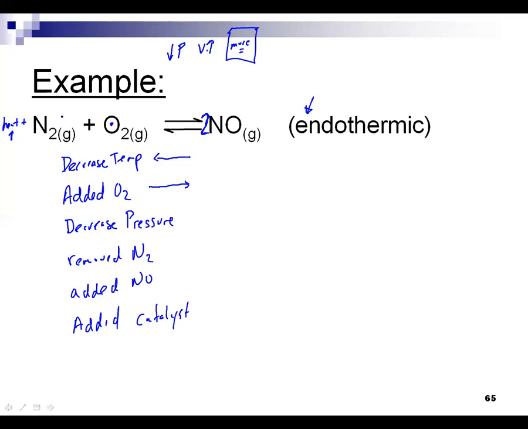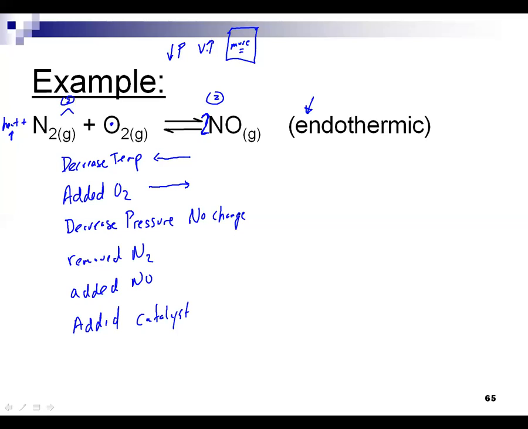On the left-hand side here, we have a grand total of 2. And on the right-hand side, we actually have 2 as well. They call that a tie. So this would be a no change situation. Again, there is not a side that has more. So this would be a no change sort of situation. Any questions on that?